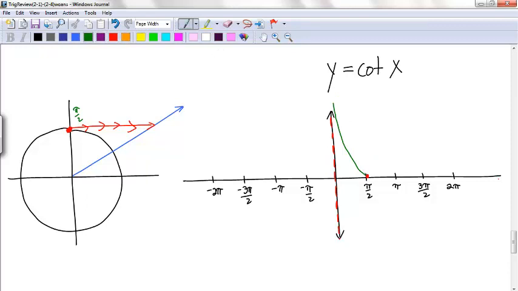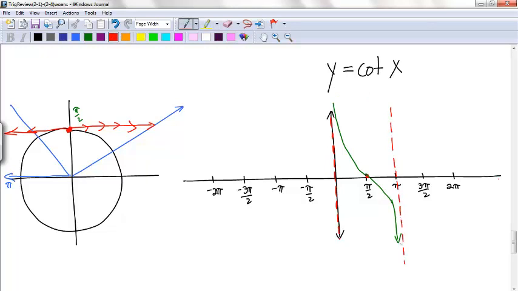And then it's going to come down. As soon as I go into this quadrant, my cotangent starts going negative, so it's going this way until, when I'm at pi down here, it's shooting out to negative infinity. So it's going to go down like this, and there should be an asymptote right at pi.